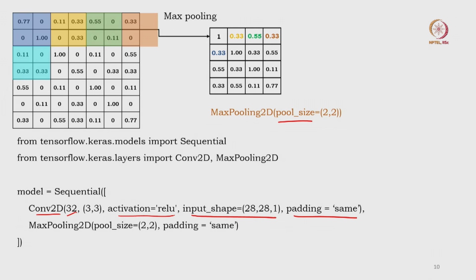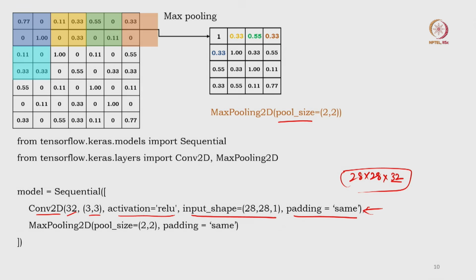We have considered 32 such filters and a 3 cross 3 filter size. Once you do this, you are going to get an output, and the output will be once again 28 cross 28. But what will be the depth here? The depth will be the number of such filters, which here is 32. So this will be the output after we perform the first line.